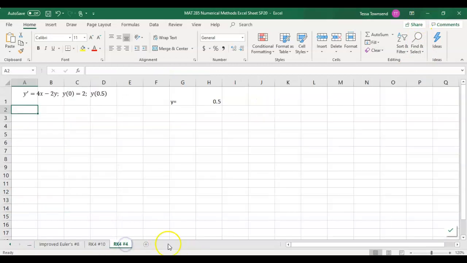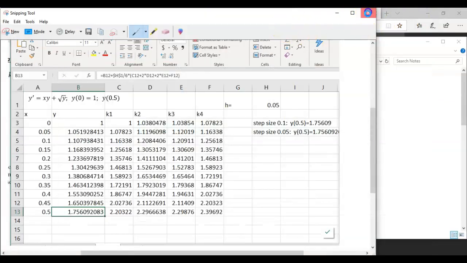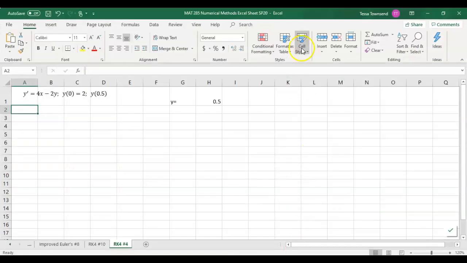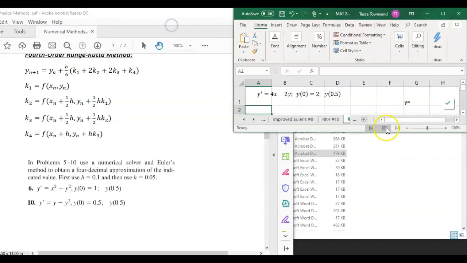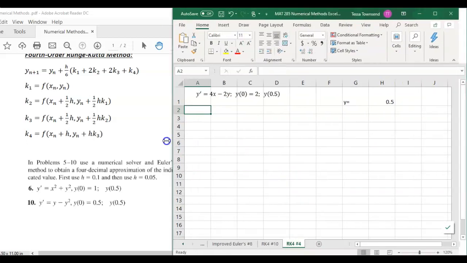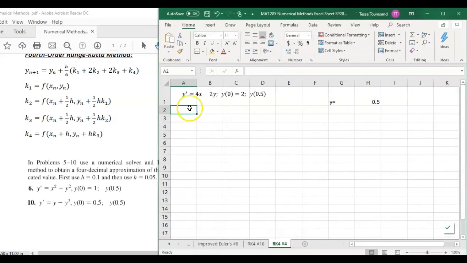So just for fun, let's do one more. Let's look at this guy. So I'm going to bring the formulas back up so we have them side by side. So we need columns for X, Y, K1, K2, K3, and K4. And I've already typed the differential equation in. And we have an initial value here at 0, 2.